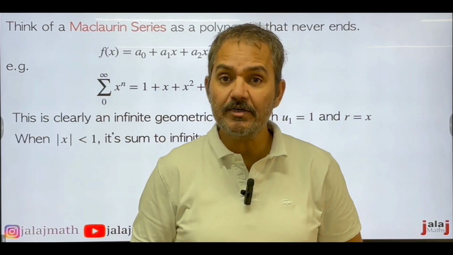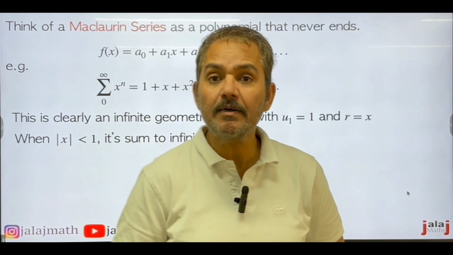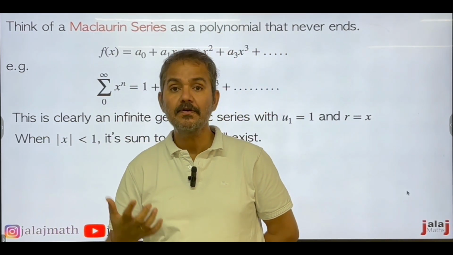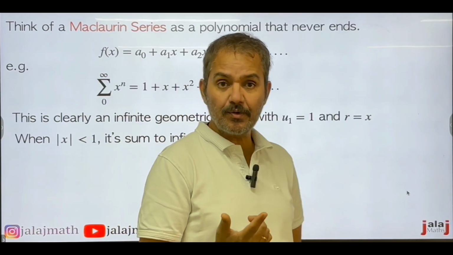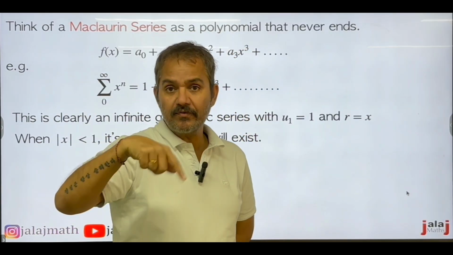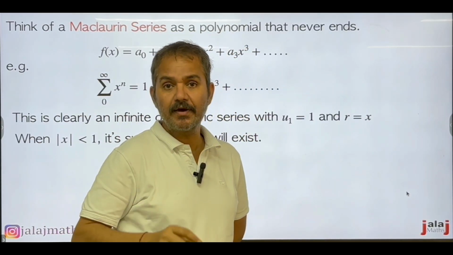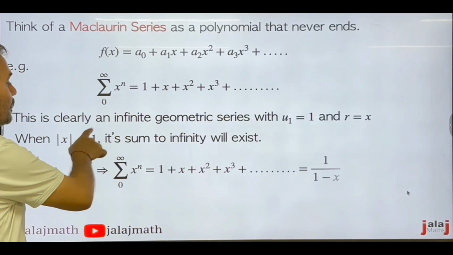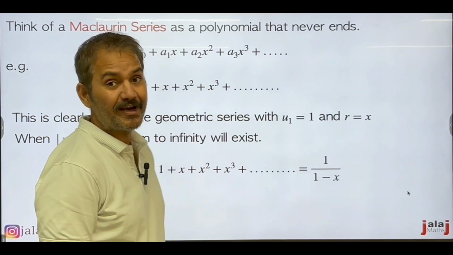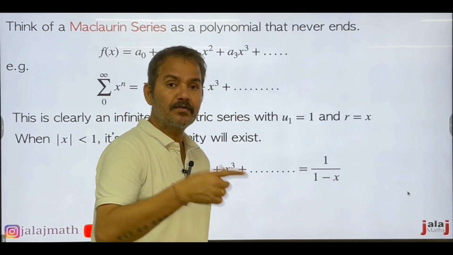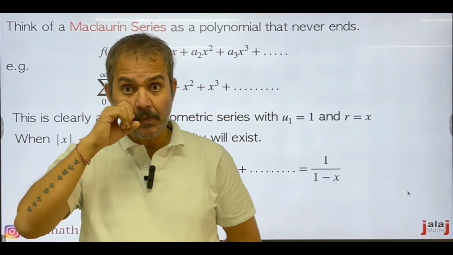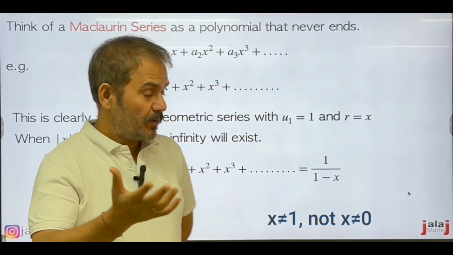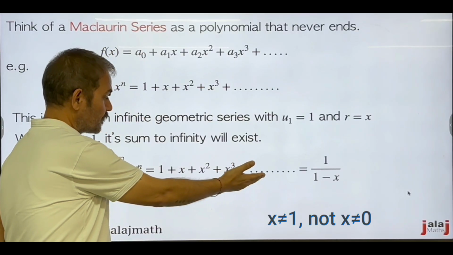And if it is convergent, we can find the sum to infinity, and that is going to be u1 over 1 minus r, that is first term divided by 1 minus the common ratio. So the sum of this series will be 1 over 1 minus x, and obviously 1 over 1 minus x is a function where x is not equal to 1.